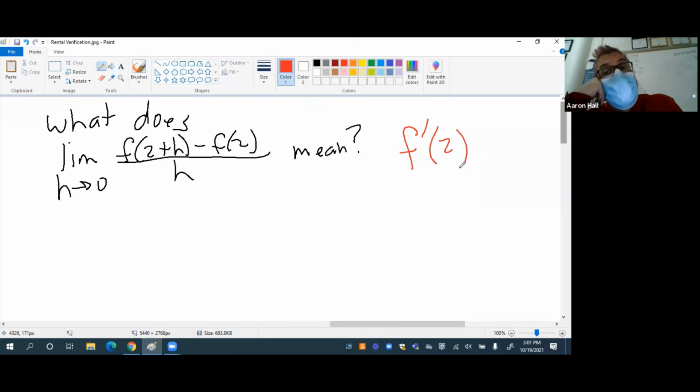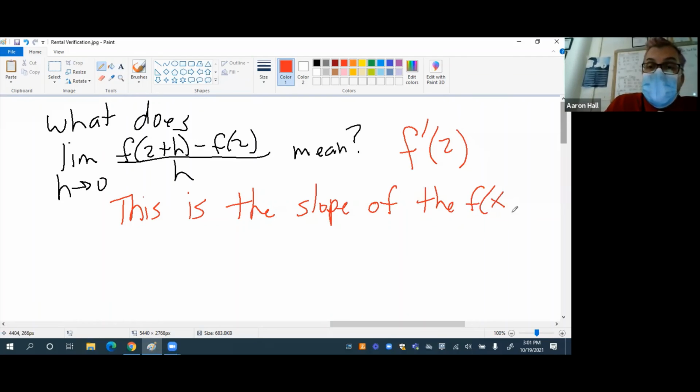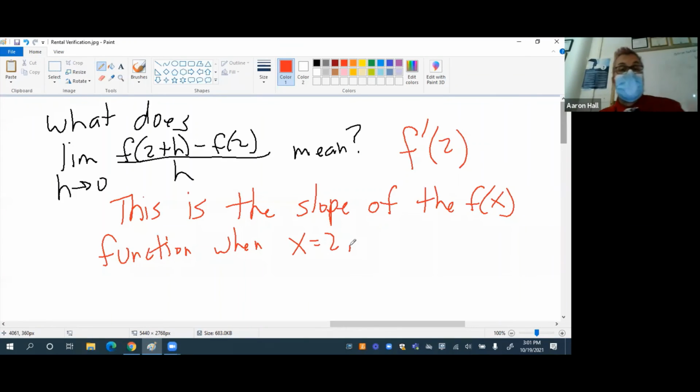This is the slope of my f of x function when x equals 2. Do you want me to explain that more, or do you guys feel like you understand it?